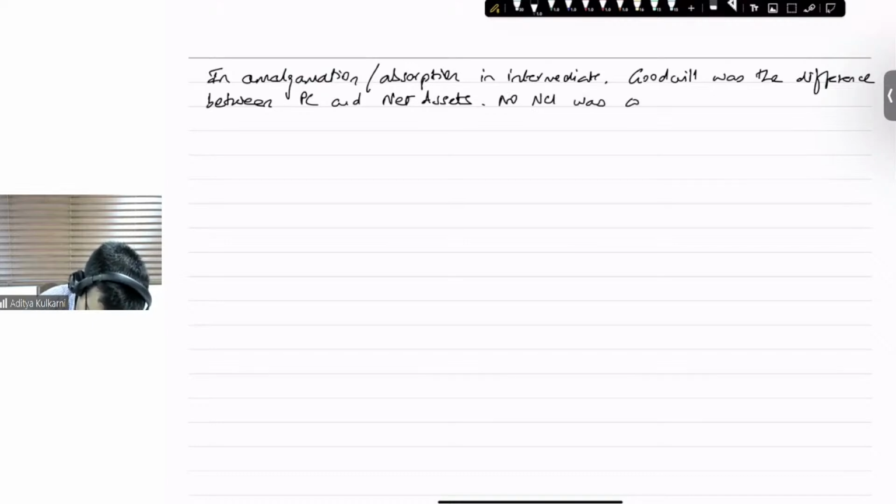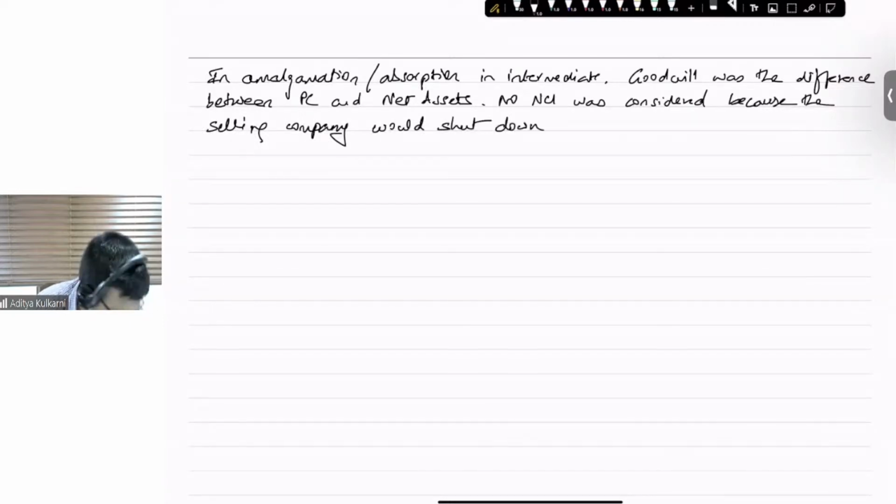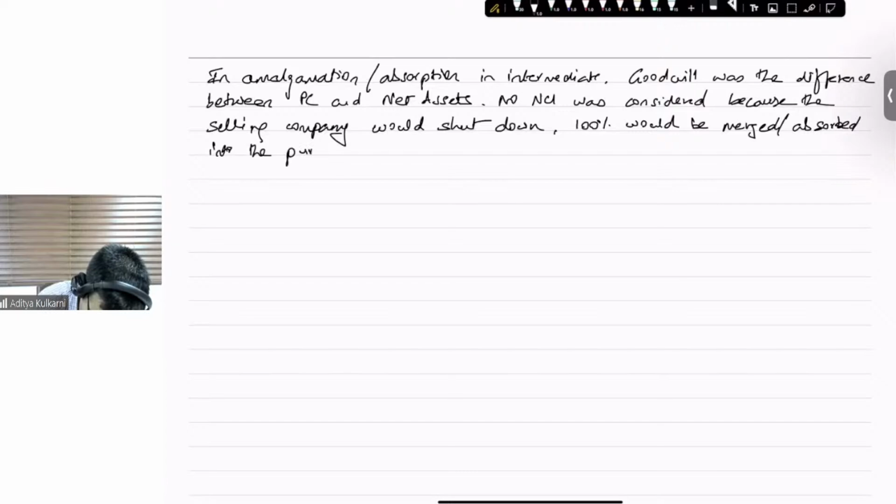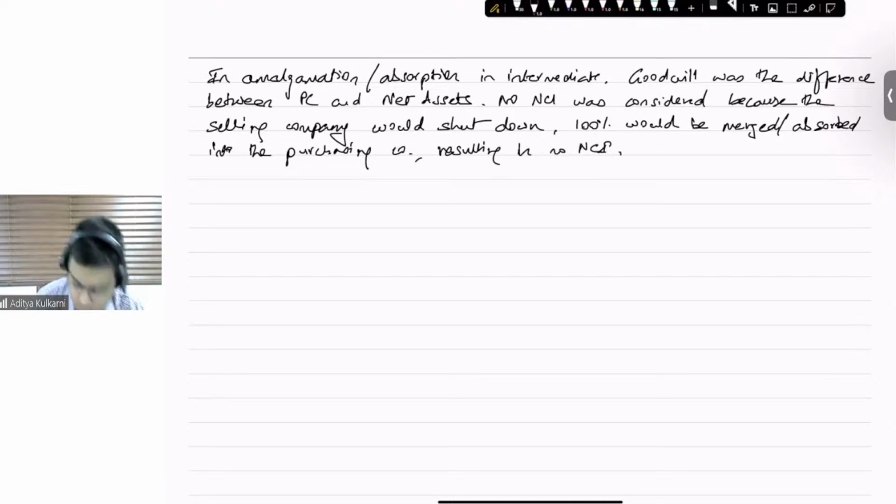No NCI was considered because the selling company would shut down. 100% would be merged or absorbed into the purchasing company, resulting in no NCI.